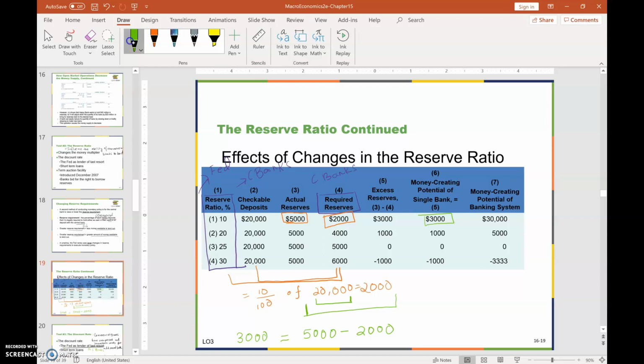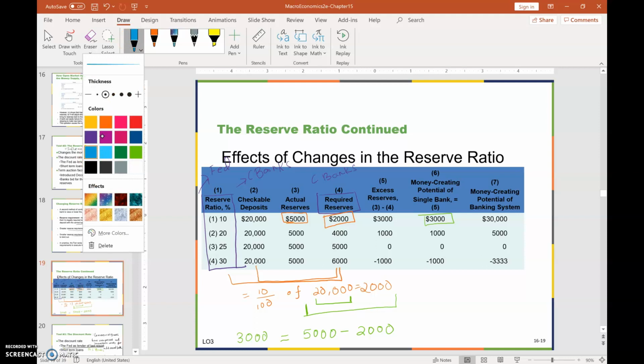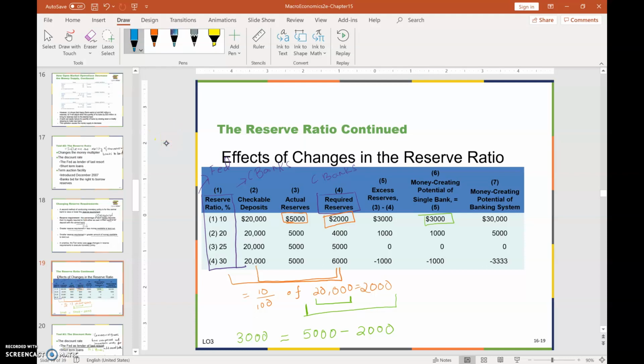To be able to know the money creating potential of the entire banking system, I need something called the money multiplier, which is M, and this is equal to 1 over the reserve ratio. This M is the money multiplier. I have the reserve ratio as 10%, which is 1 over 0.10.